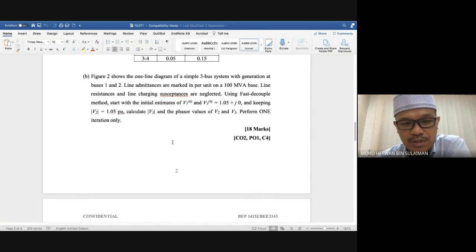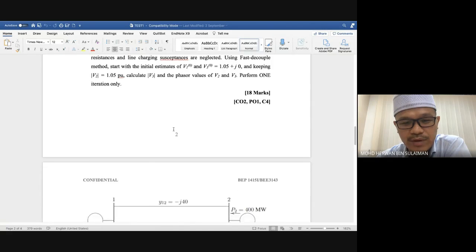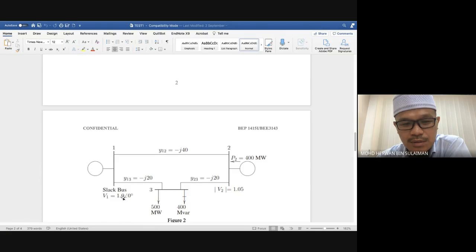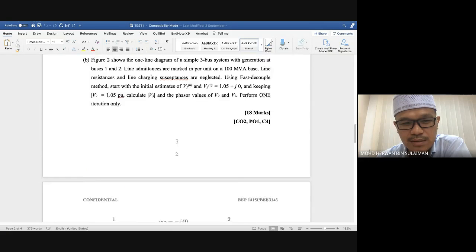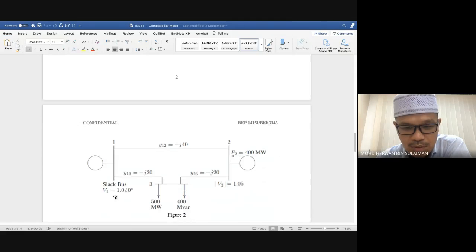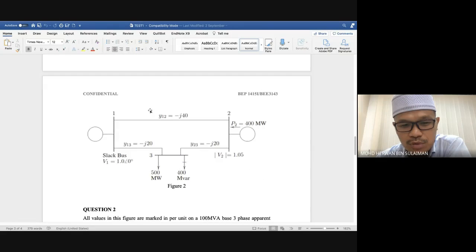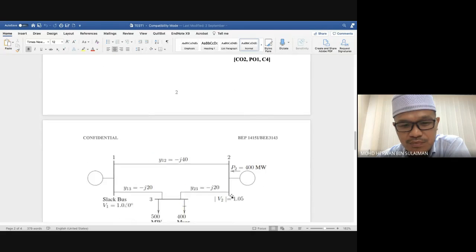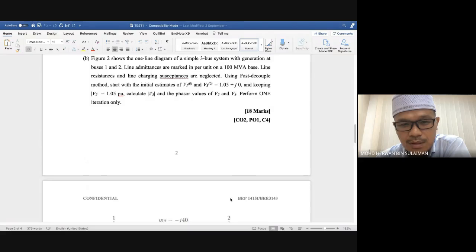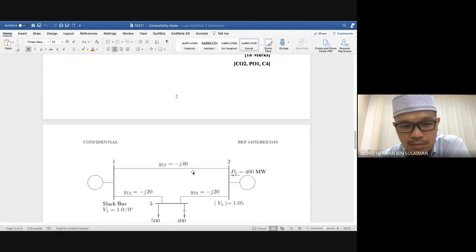Using fast decoupled method, start with the initial estimate V1 and V3 1.05. Wrong. V1 we follow the figure. V1 1 per unit, V2 1.05. Wrong again. And then keep V2 1.05. V1, V2, V3.